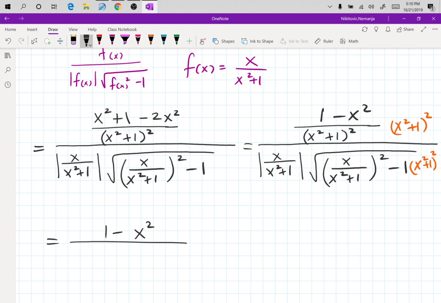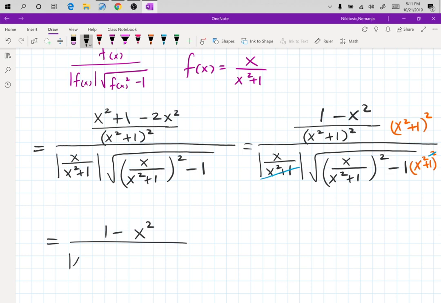In the denominator, one of these, because I have two of them, right? It's x squared plus 1 squared. So one of them, I'll signify that with the blue, would cancel this one. And the other one will go under the square root.